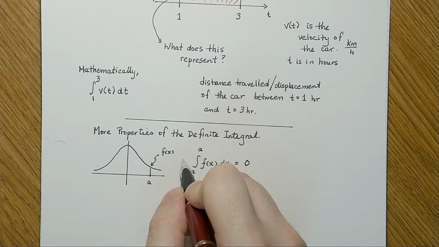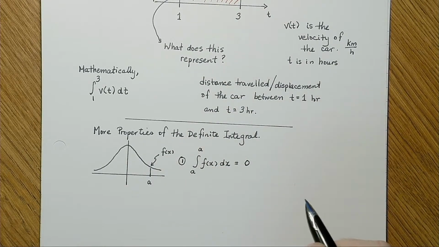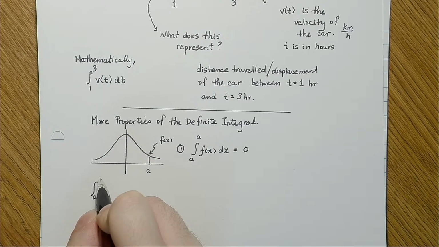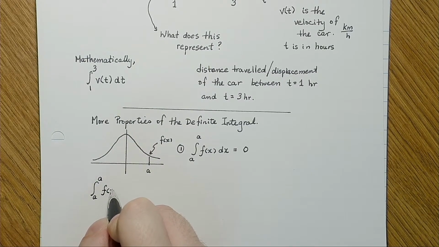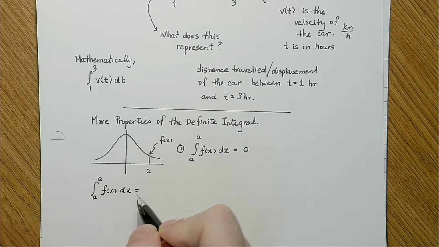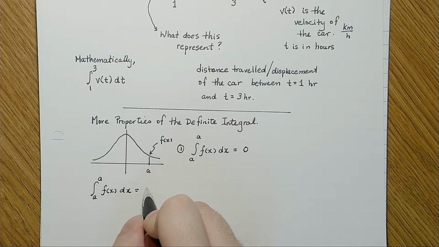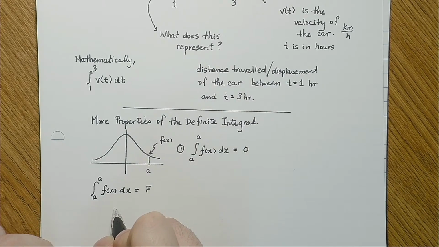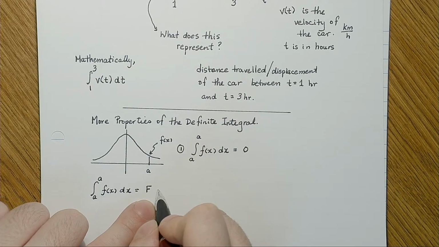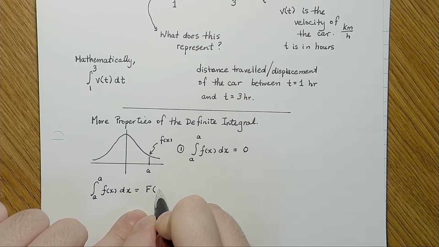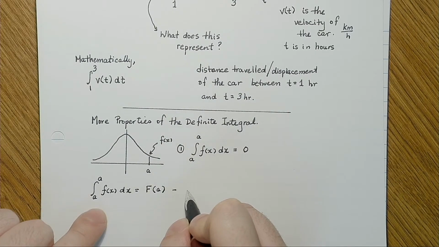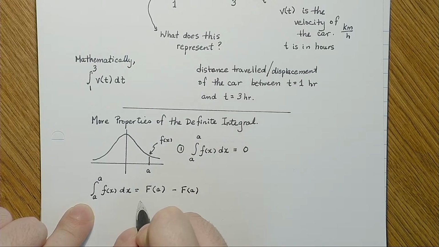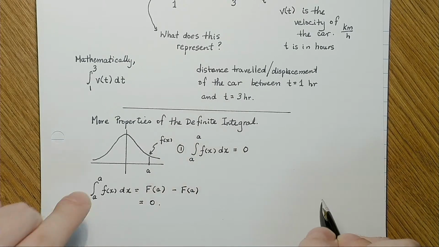So there's like a property 1. It's 0. And if you want to think about that, the reason for that is if I have my big F, so again, that's kind of like my integral, so my big F of a minus F of a, that will always be 0.